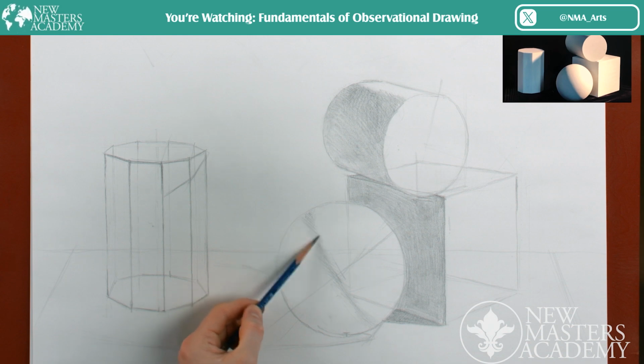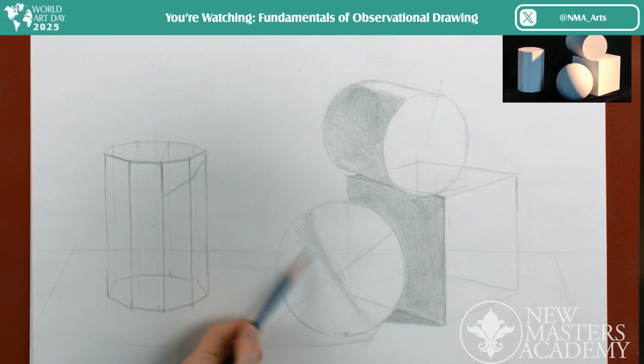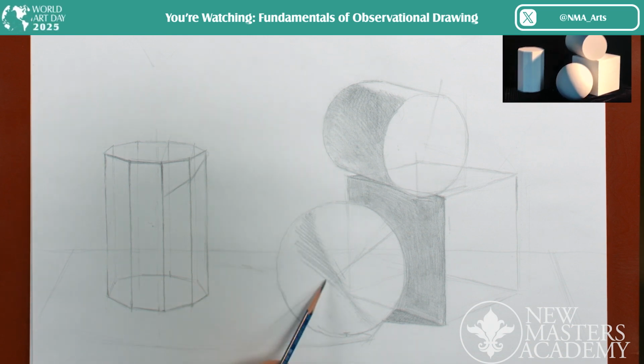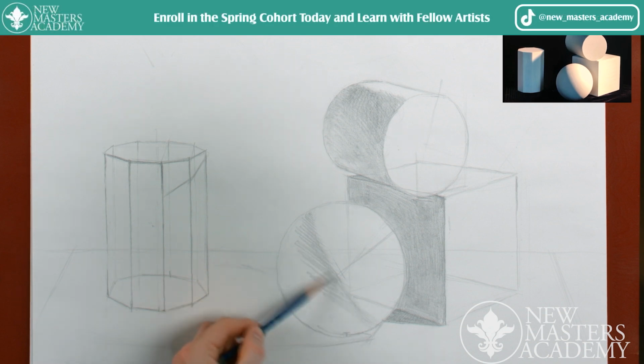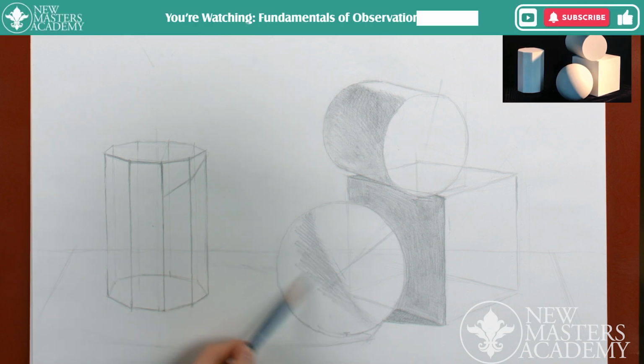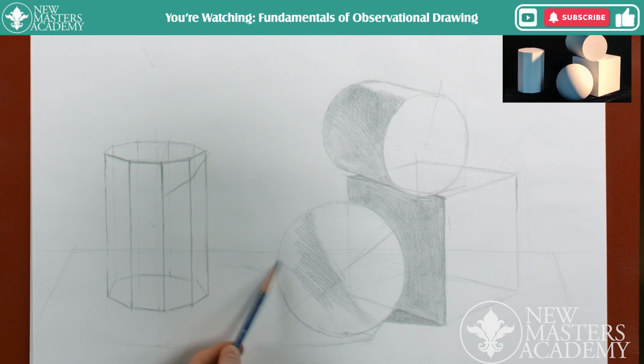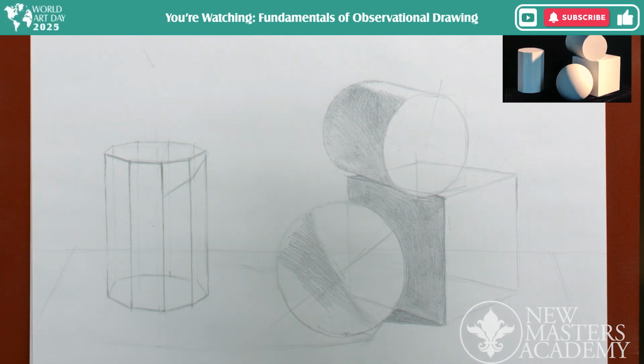So the same thing, I will begin with the core shadow coming off of the terminator. And you can see I'm not doing anything in the halftones at the moment.